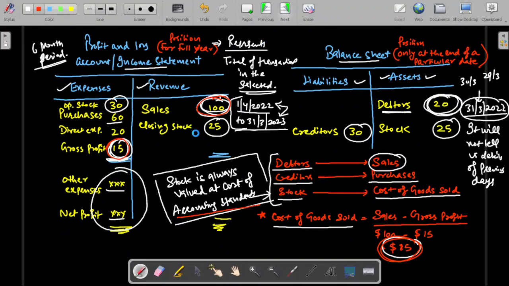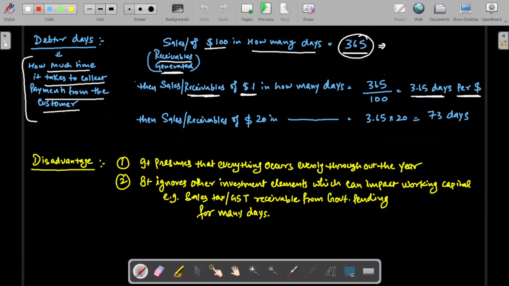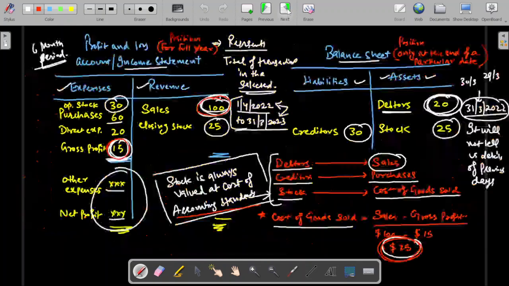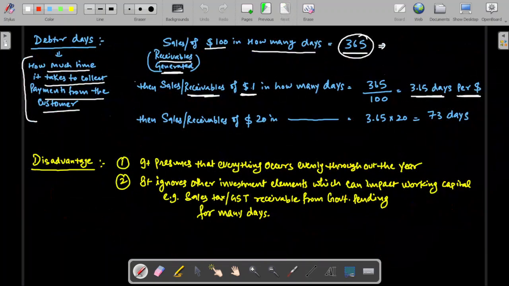So let us calculate our debtor days. What are debtor days? I have already told you that sales are the total receivable of the business. Debtors are pending receivables from the sales. So if debtors are pending receivables, then what do debtor days represent? They represent how many days these receivables are pending for, how much time it takes to collect payment from the customer.